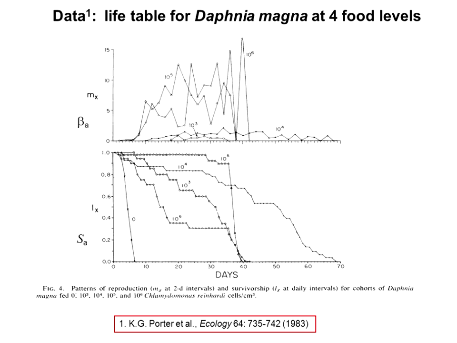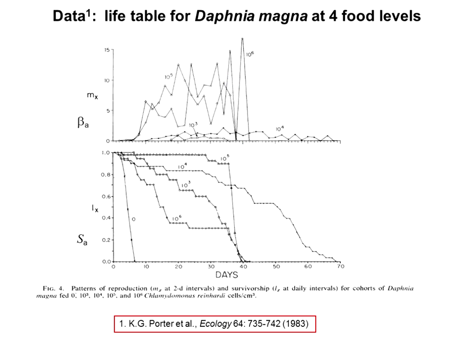Let me illustrate these concepts with yet another example from Daphnia. The top curves represent beta A, the lower curves represent survival, and we see that at different food levels, at the highest food levels you get the highest fecundity and the shortest lifetime.